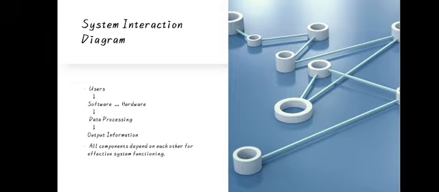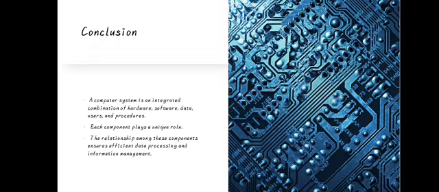All components depend on each other for effective system functioning. In the flow chart, the user connects to software, which interconnects with the hardware, and software connects directly to data processing and output information. All components depend on each other for effective system functioning. That is the computer system.